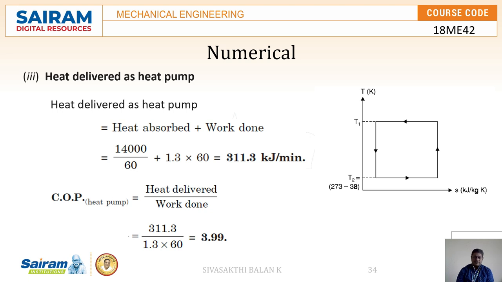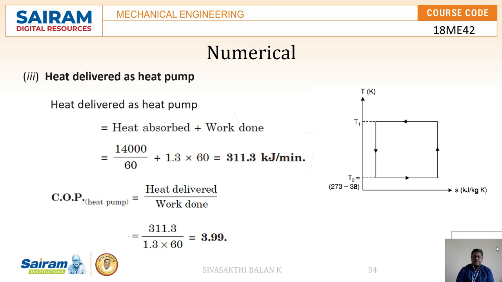This is a simple basic mathematical notation. And heat absorbed is 1 ton of refrigeration, which is almost equal to 14,000 kilojoules per hour, and we convert that into per second. So we get 14,000 divided by 60 plus work done, which is 1.3 kilowatt, that is kilojoules per second.